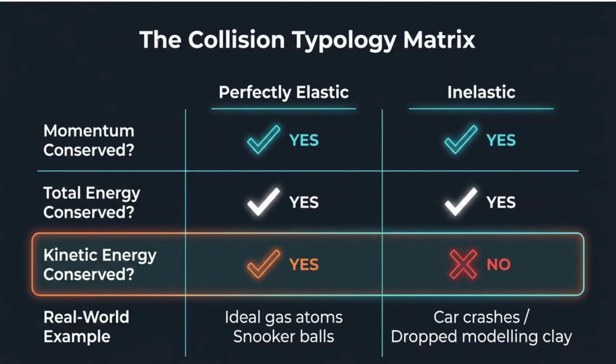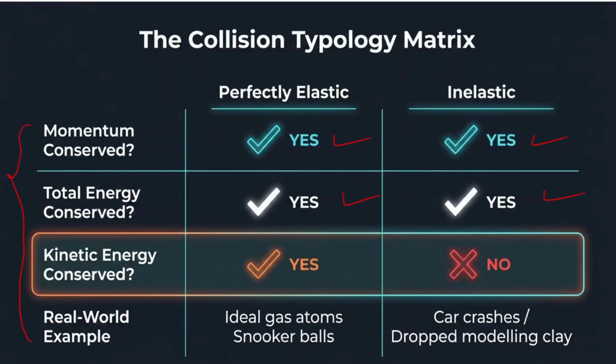As we discussed the types of collisions, elastic and inelastic, here I drew a table of which quantities are conserved in which type of collision. So momentum is conserved all the time. Total energy is conserved, yes, all the time.